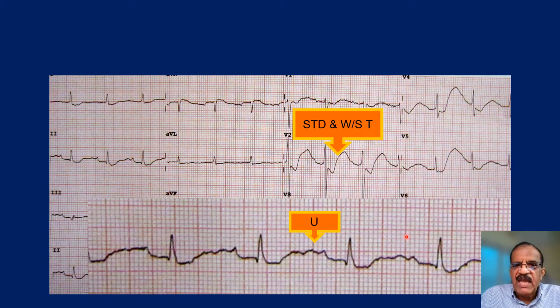And if you magnify it, you will see that after the T wave, before the next P wave, there is an additional wave, and this is the U wave. A U wave may be present in normal individuals also sometimes, but the presence of a U wave in the proper setting should raise the possibility of hypokalemia.